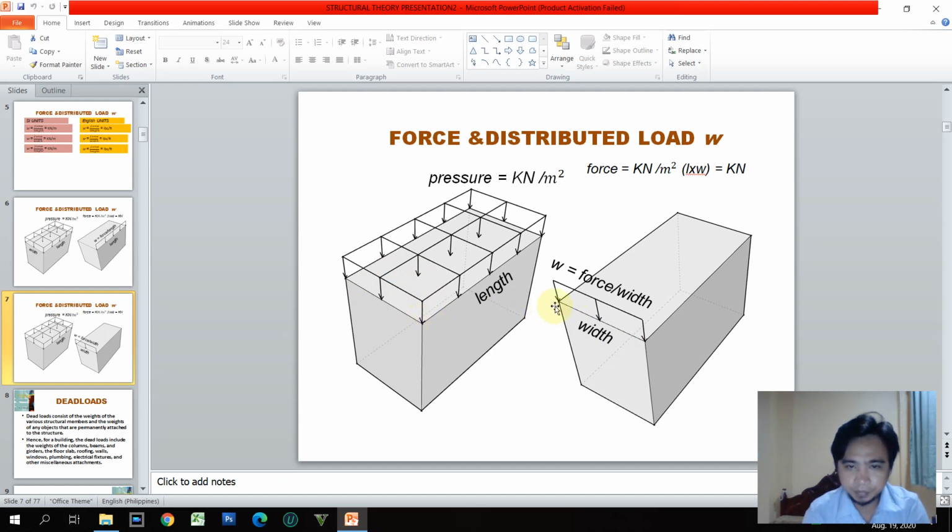Again, this is an ideal instance wherein length times width, but a portion of length times width is being carried by the width, so the adjacent area usually. So again, we will discuss that on the later slides.